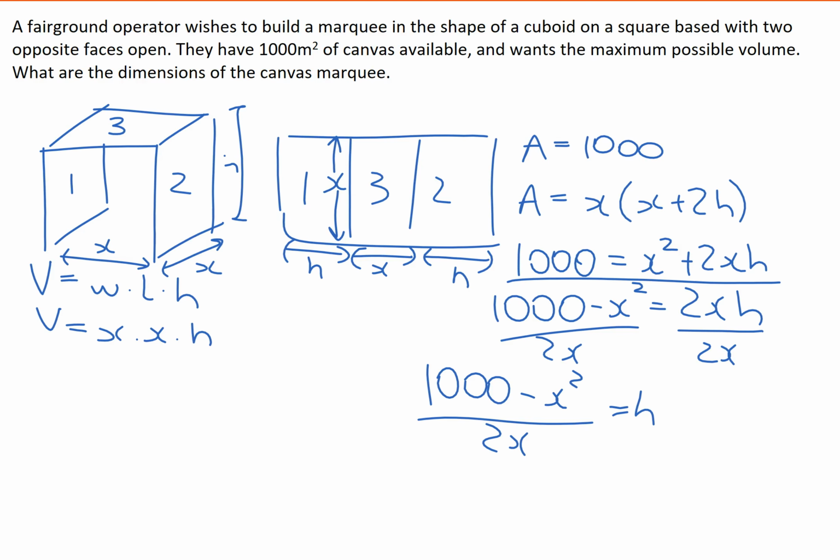Okay, it is hard, I'm not saying it's not, but we are doing level 3 calculus here, so that's going to be 500 over x minus x over 2. There's our h. Substitute it into this h over here, because there is your volume function that we are trying to maximize.